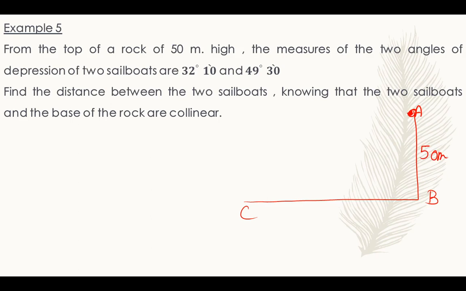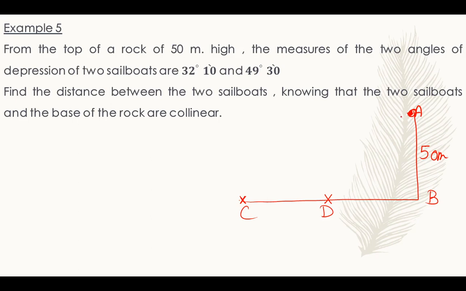The measures of the two angles of depression of two sailboats are 32 degrees 10 minutes and 49 degrees 30 minutes.